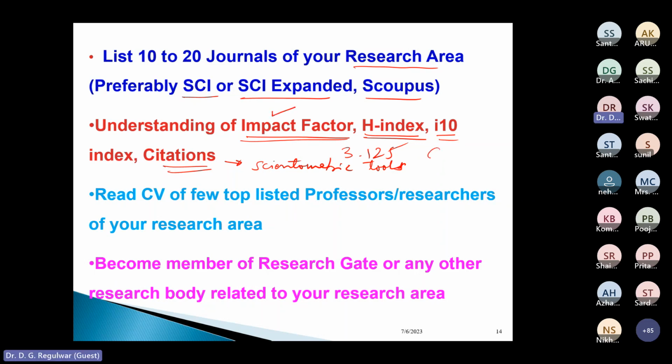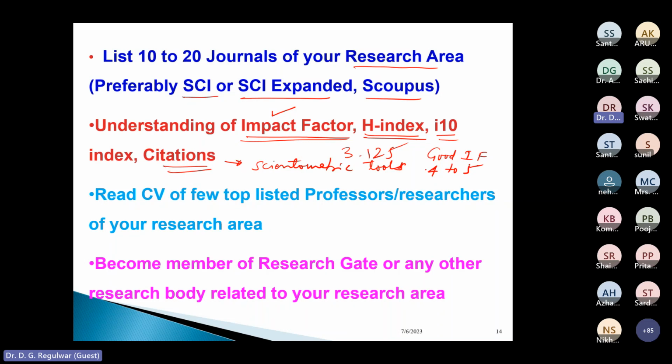So for that you should know what a good impact factor in my area is. Say, water resources engineering, hydrology, hydrogeology, whatever the different areas are. So what is the highest impact factor journal in my area? If I find that, hardly 4 to 5 impact factor is the maximum.